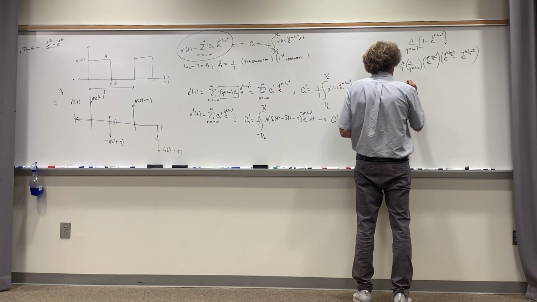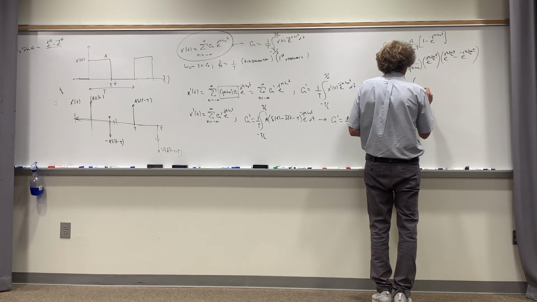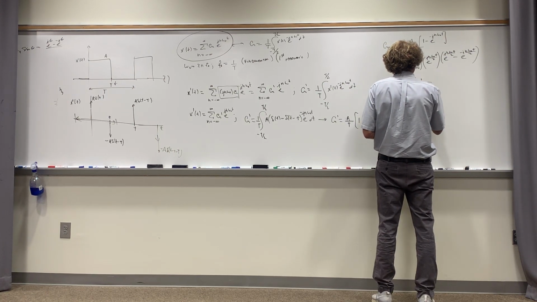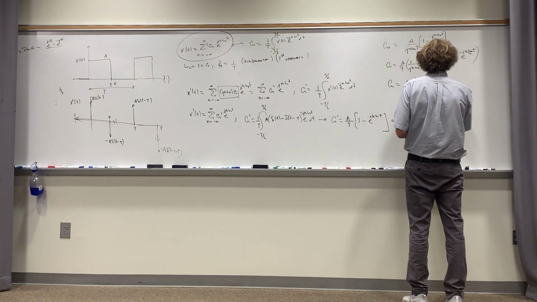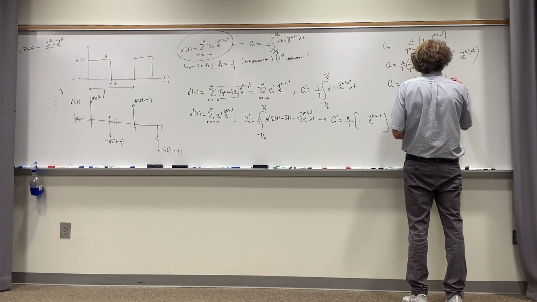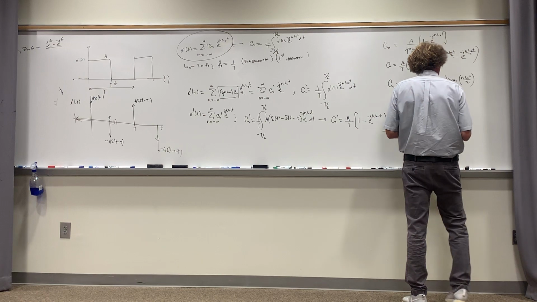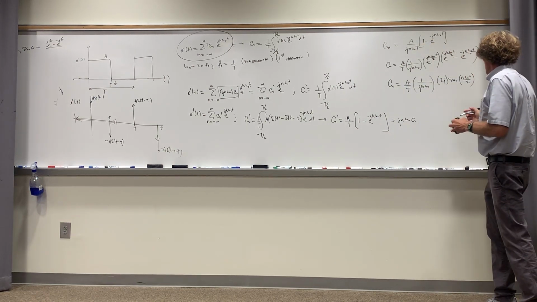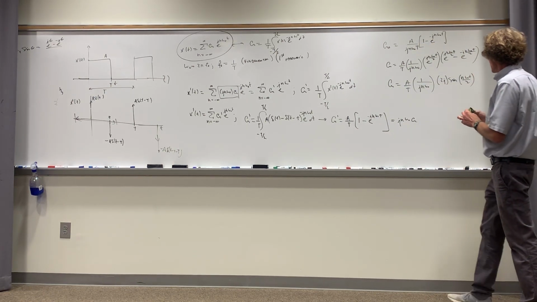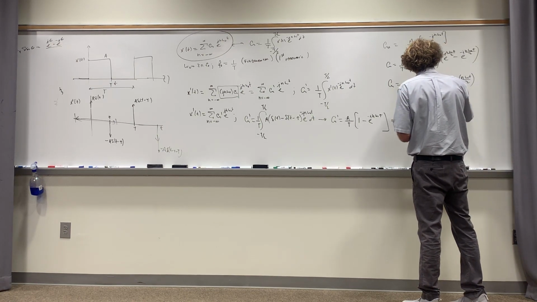C of n is A over T, and then I have 1 over j n omega naught here. And then I have really 2j sine of n omega naught T over 2 here. And you can see the j's go away, which is a nicety.